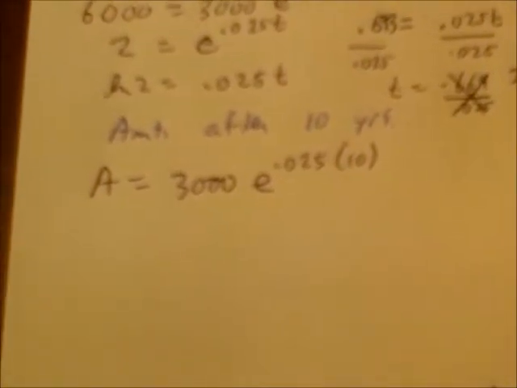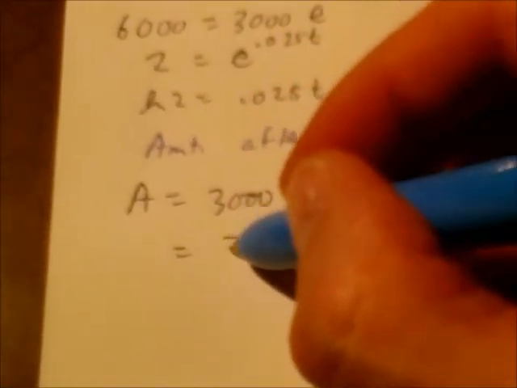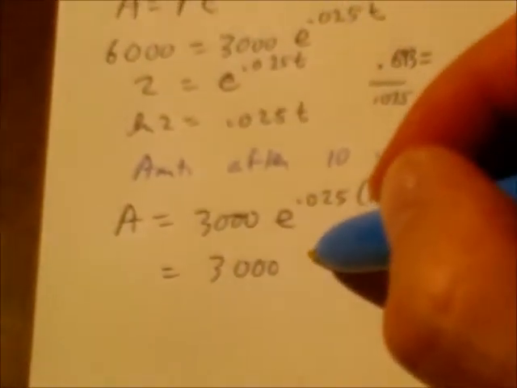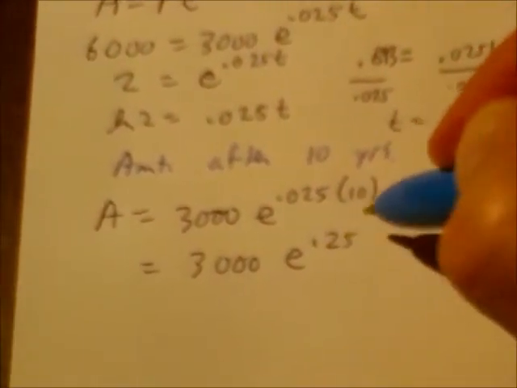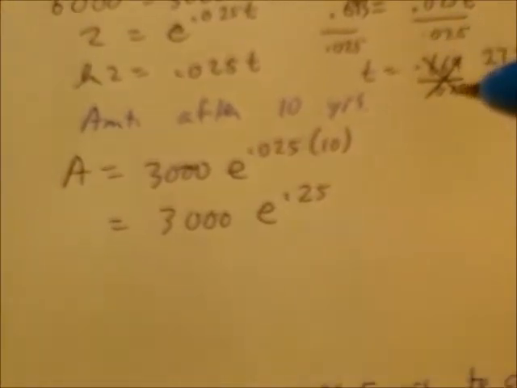I certainly don't need my calculator for that. So equals 3,000 times e to the 0.25. Then we find e to the 0.25, so I press second e, 0.25, enter. It'd be helpful if my calculator was on.